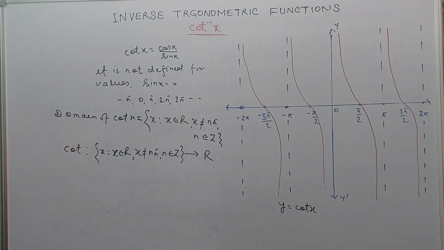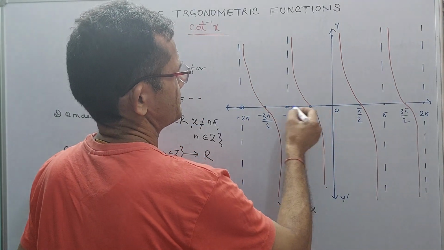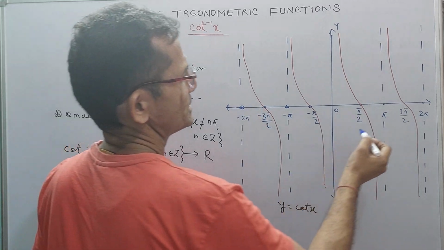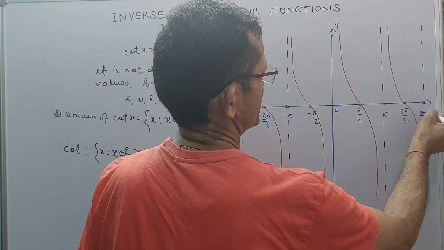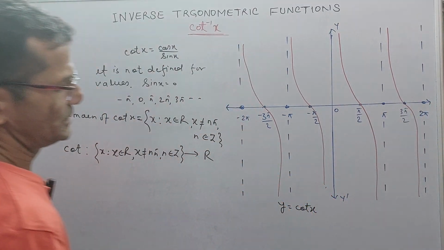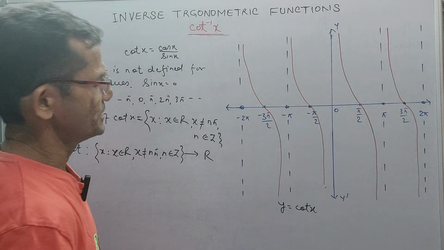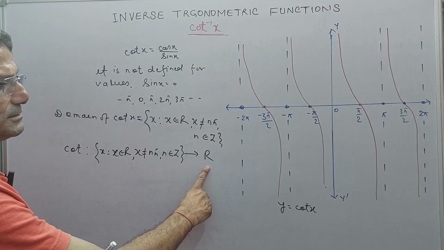Here this is pi, this is minus pi, this is minus 2 pi. So here the graph of cot x is this one. Now its range is from minus infinity to plus infinity.